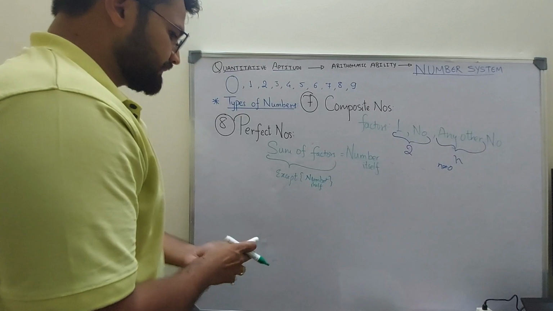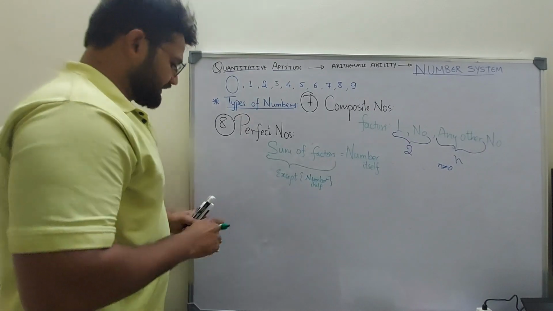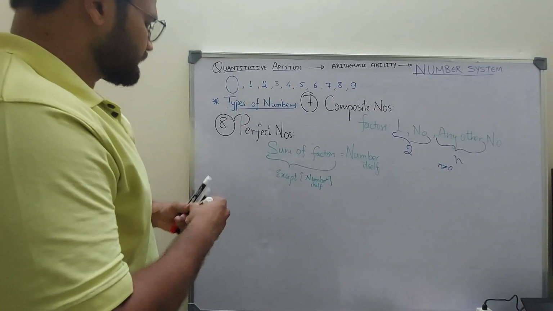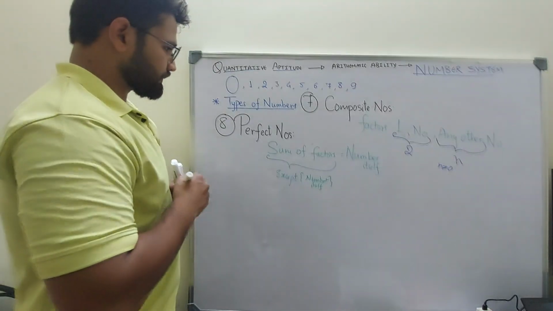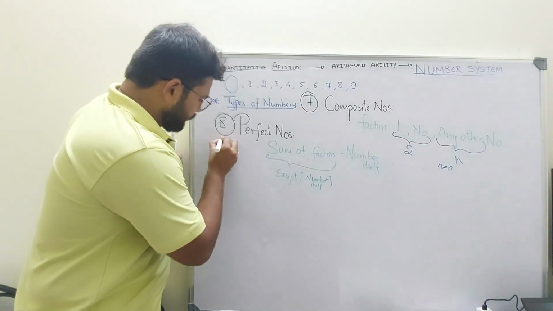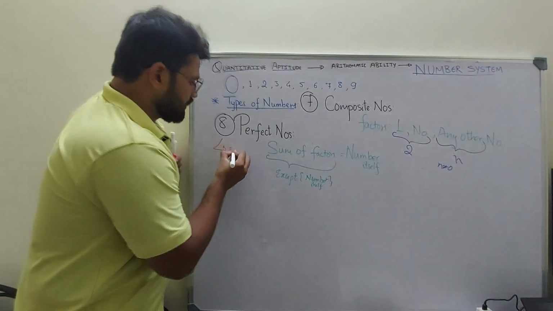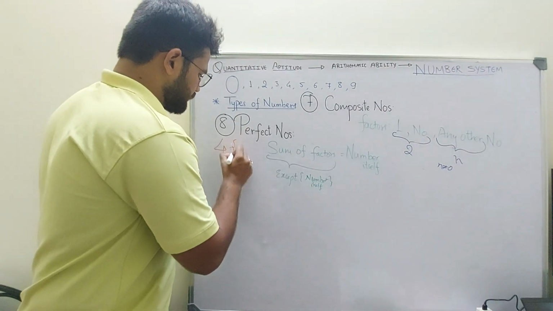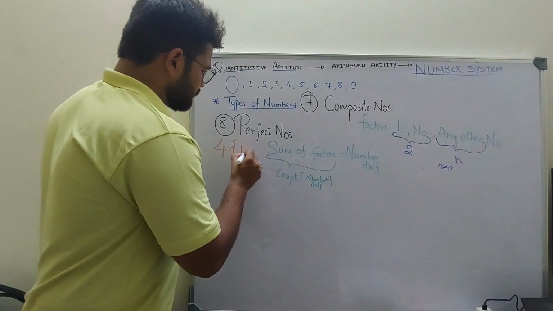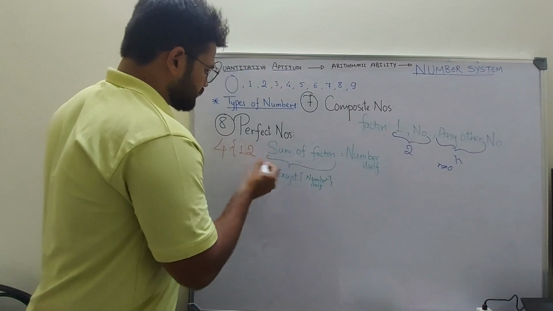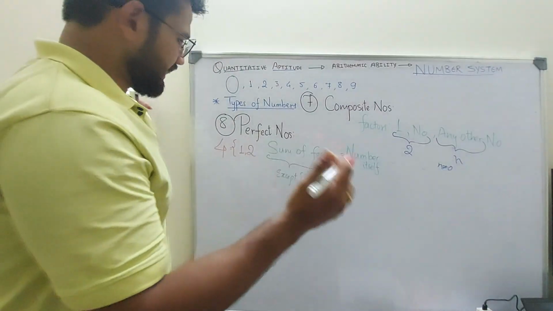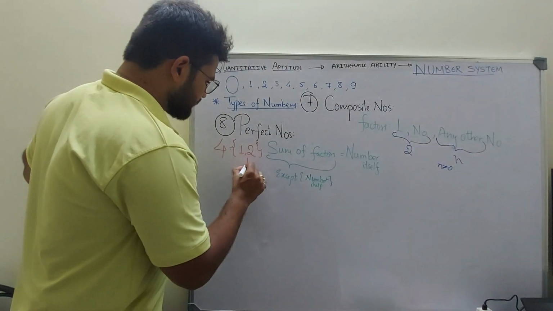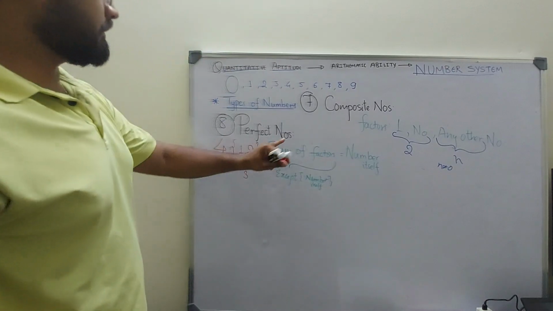For example, let's consider a number 4. What are the factors of 4? 1, 2 and 4, but we are excluding 4. So what is the sum? 3. Is it a perfect number?